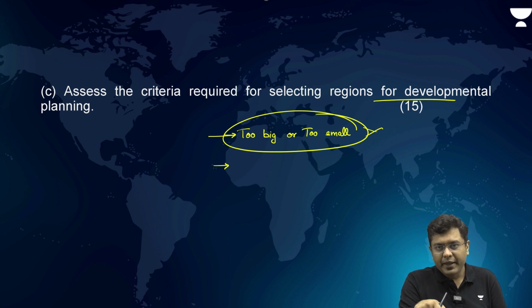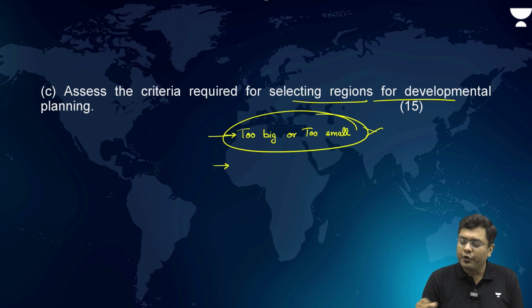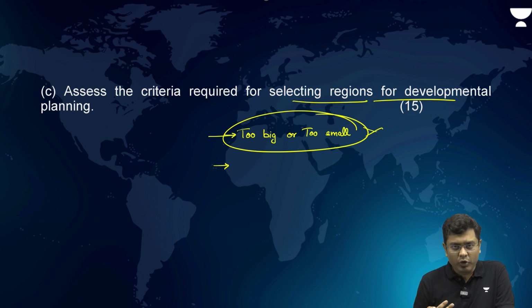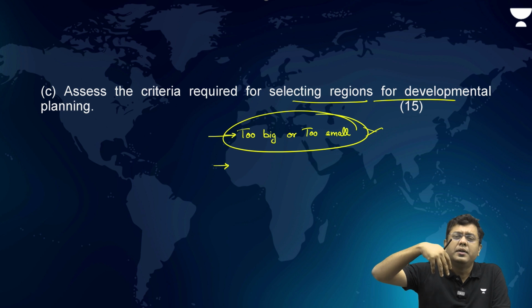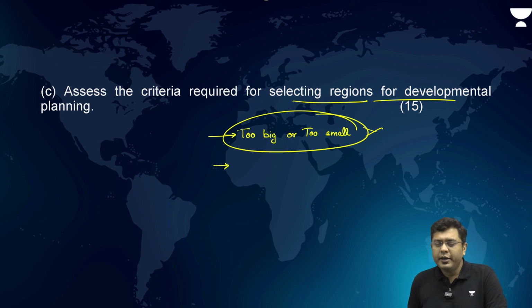So those are the factors that can be used for selecting regions. Now here you have to bring about the concept of environment also, the factor of the changing environment, the changing climate. So, for example, the regions in the hill areas are being treated differently. So those factors need to be analyzed.